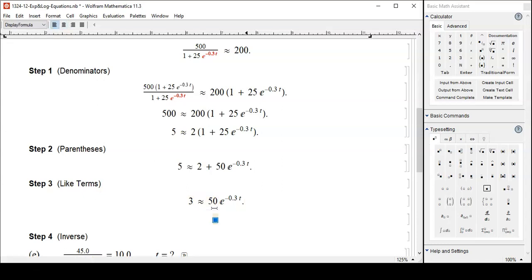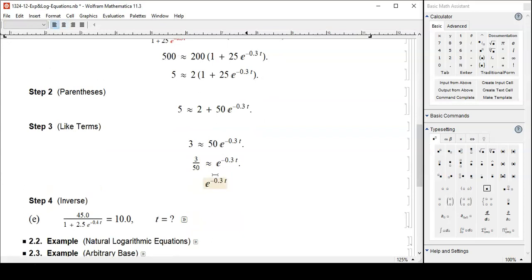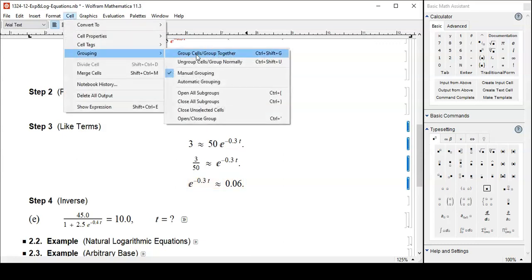I can divide by 50, so 3 over 50 is approximately equal to this exponential. Consequently, this exponential is equal to, what is 3 over 50? 6 over 100, so 0.06. You can check with your calculator.